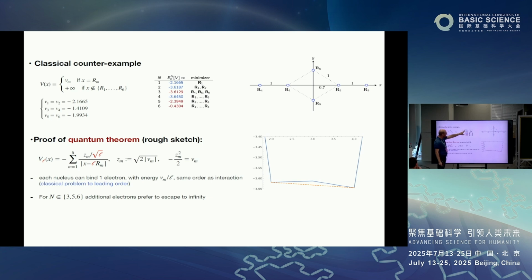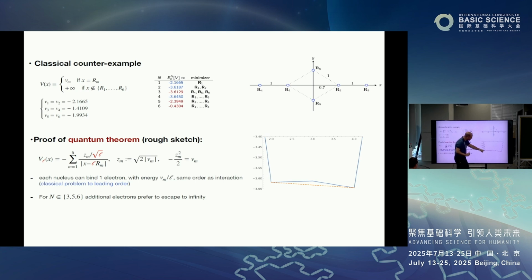And here, I call it ENCL, it is just the classical energy. I just took a screenshot of the paper and did not change the notation, but this is the small e of the previous slide. So you see that you have this value for 1 electron, 2, 3, 4, 5, 6. You cannot have more than 6 electrons, because you are forcing your system to fill 6 very precise positions in space.